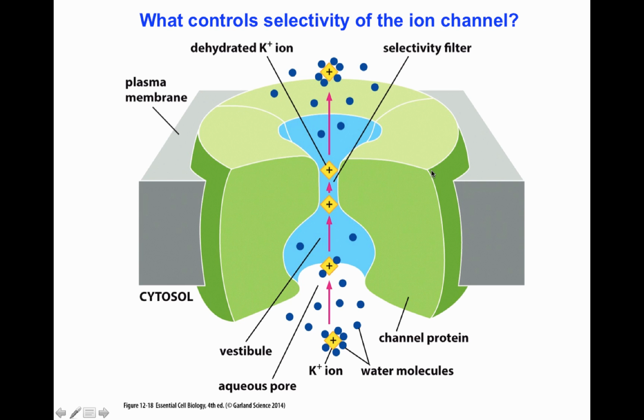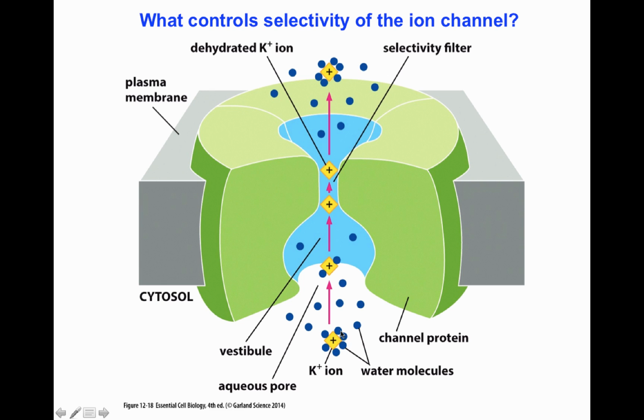Now, how does the selectivity filter work? Here we have an image of the potassium channel. The potassium ion, shown here as a yellow diamond, is usually surrounded by water molecules where it is in solution. Remember, the concentration of potassium is much greater in the cytosol than outside of the cell.